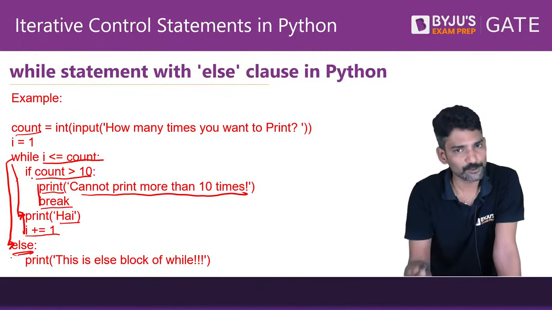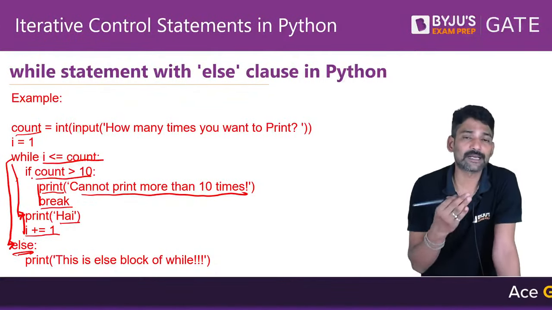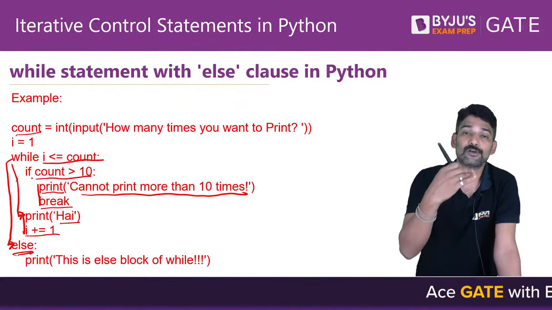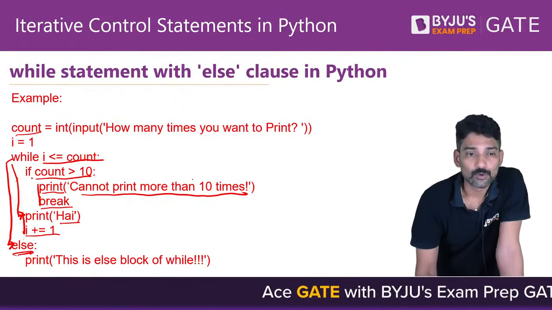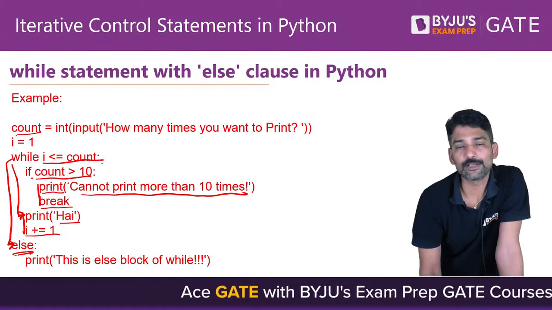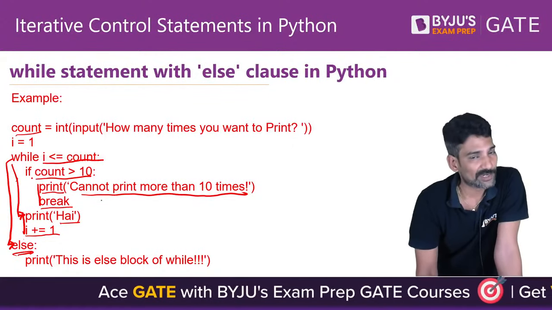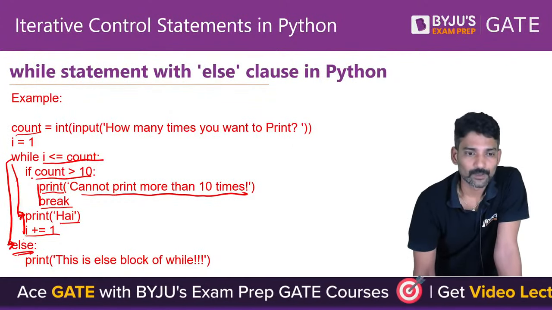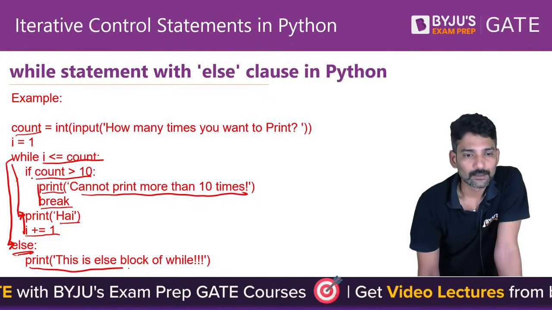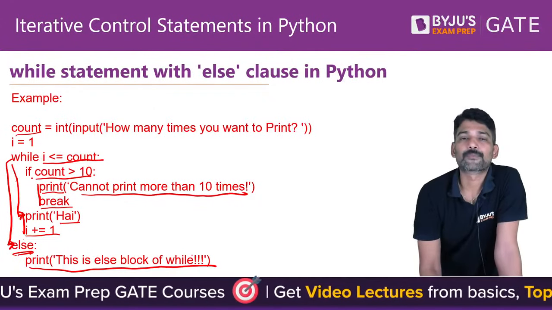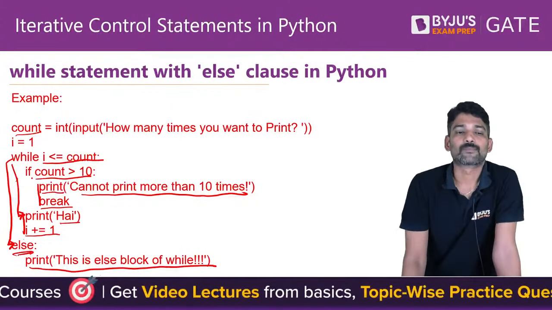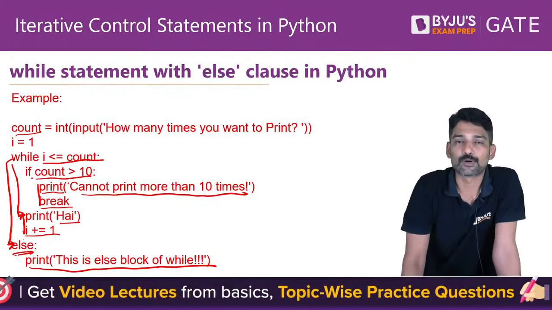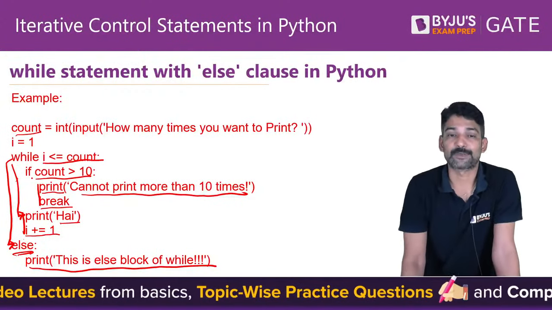Of course, for if you can write an else, but here we are writing this else clause for the while statement. So while i is less than or equal to count, the while body gets executed, and whenever i goes beyond the count, the else block of the while gets executed.